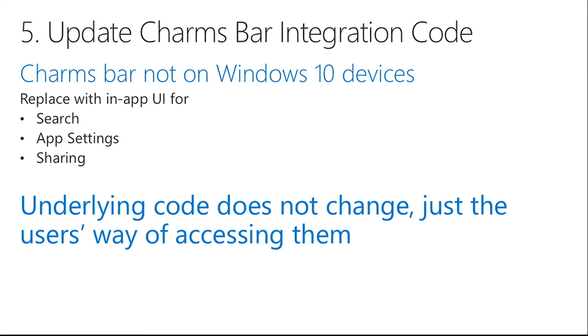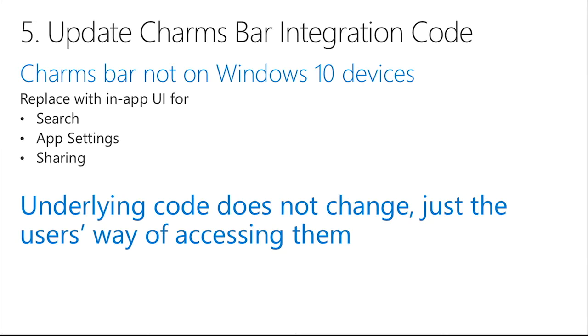Now, if you've got an app that you built for 8.1 and you don't convert it, and it's running on a Windows 10 system, which it will do, then what you see in the title bar is a little hamburger menu, and you hit that, and the charms bar options, search, settings, share, that sort of thing, appear in there as a drop-down menu. So those apps will still operate, obviously not through the charms bar.